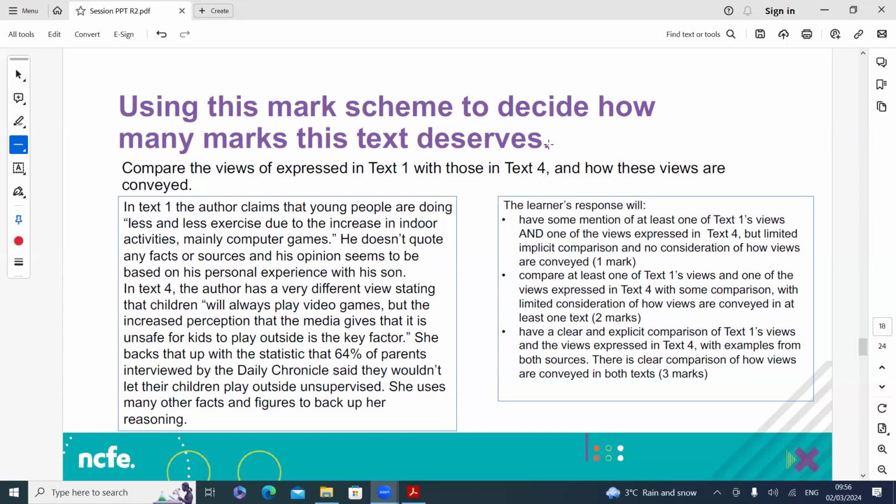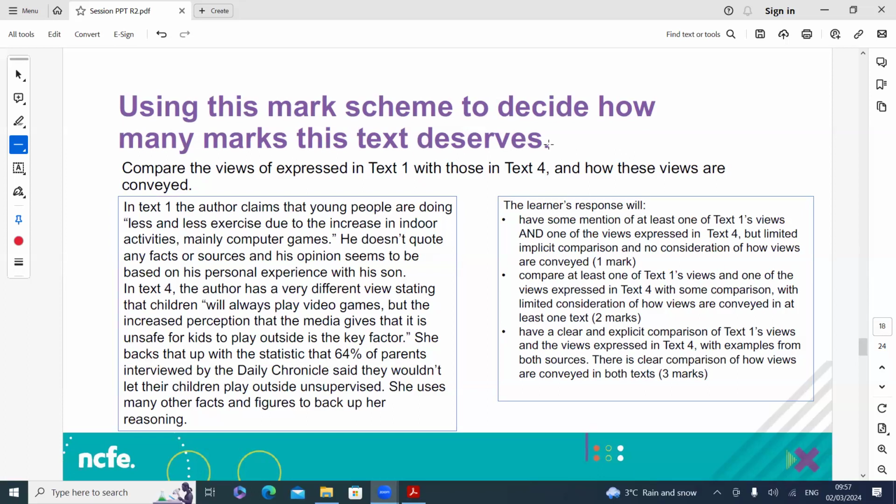In text 4, the author has a very different view, stating that children will always play video games, but the increased perception that the media gives that it is unsafe for kids to play outside is the key factor. She backs that up with the statistic that 64% of parents interviewed by the Daily Chronicle said that they wouldn't let their children play outside unsupervised. She uses many other facts and figures to back up her reasoning.